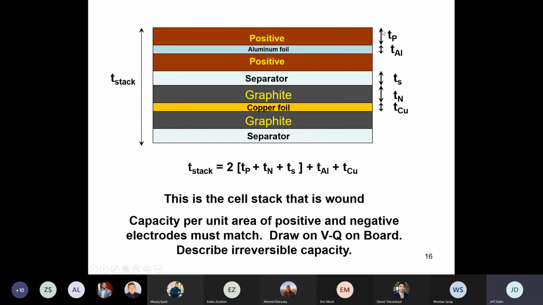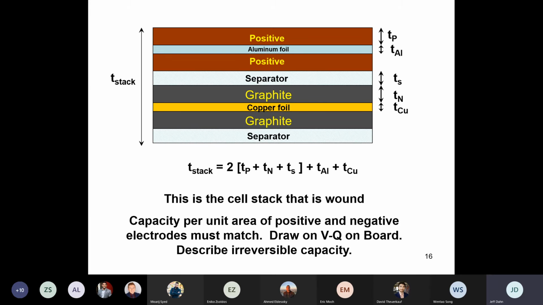So I talk about the thickness of the positive, the thickness of the aluminum, the thickness of the separator, the thickness of the negative, the thickness of the copper. And it's pretty obvious if you can add what the thickness of the stack should be: twice the thickness of positive, negative, and separator, because there's 2 of those in the stack, plus the thickness of the aluminum, plus the thickness of the copper.